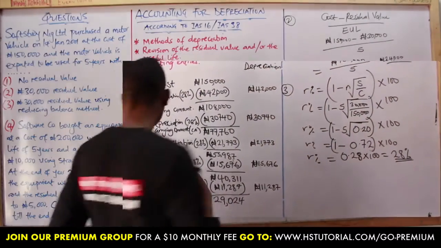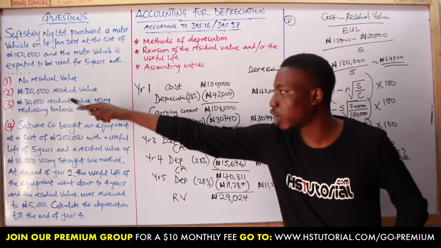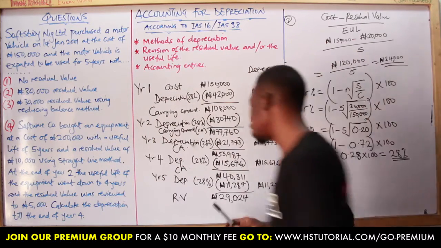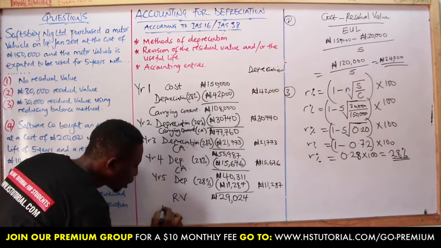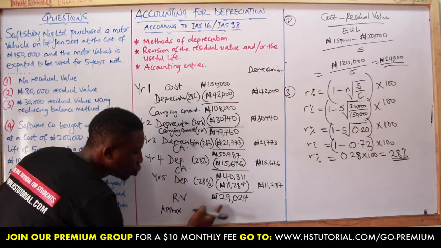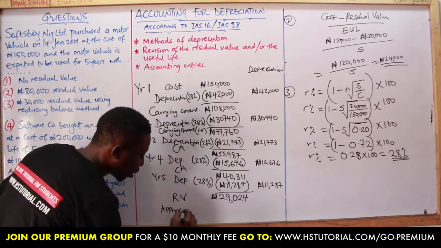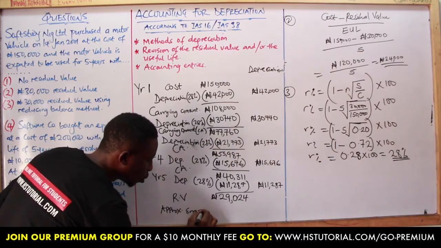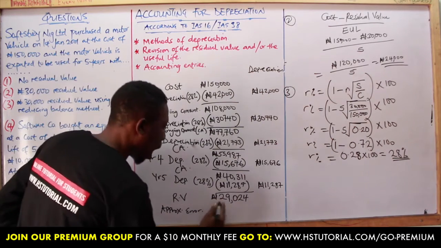Don't forget, our residual value is 30,000 naira. We are supposed to have 30,000 naira here, but due to approximation error, we are not able to get exactly 30,000 naira, but you must get something very close to it.